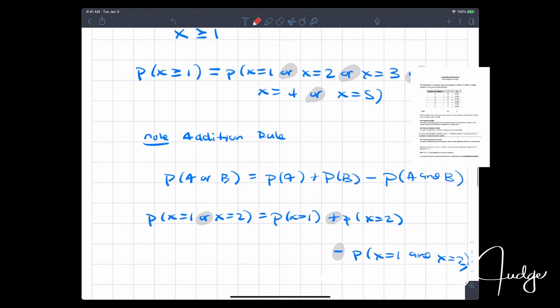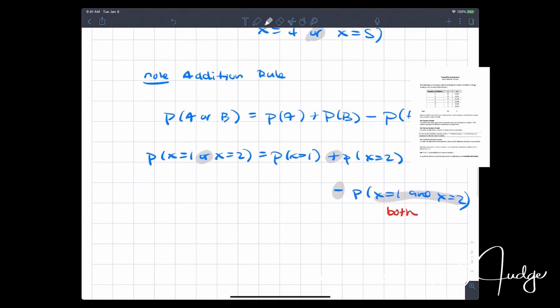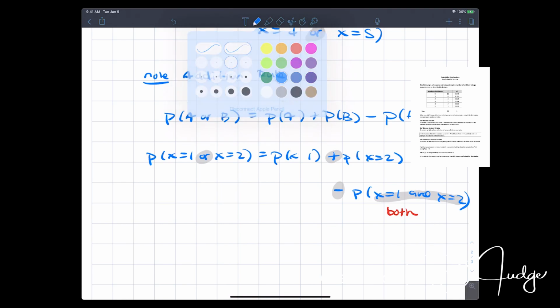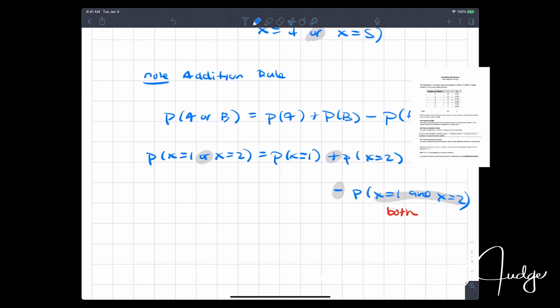Now, I want to remark something important is happening here. I want you guys to focus over here on this statement. Over here, you're saying you have both 1 and 2 children. Does anybody see an issue with this probability by the addition rule? You have 1 or you have 2 children. Can you have both?